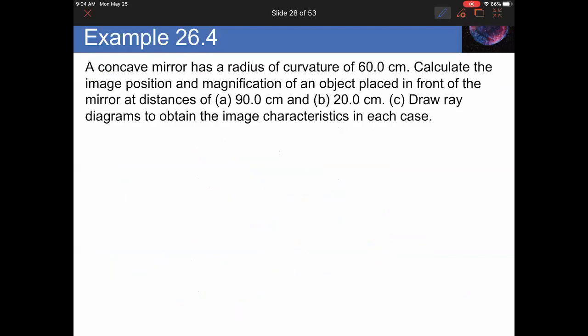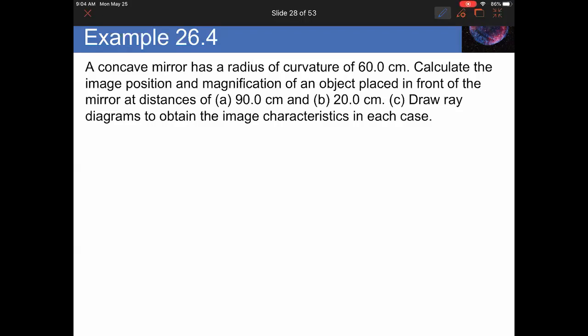Okay, so here's the last example. You have a concave mirror that has a radius of curvature of 60 centimeters. Calculate the image position and magnification of an object placed in front of the mirror at a distance of 90 centimeters and 20 centimeters. Draw the ray diagrams to obtain the image characteristics of each case.